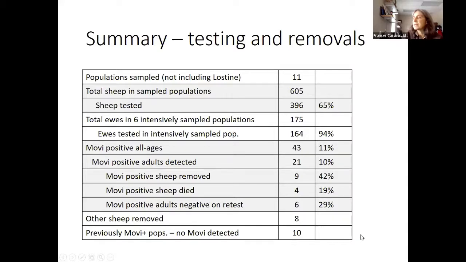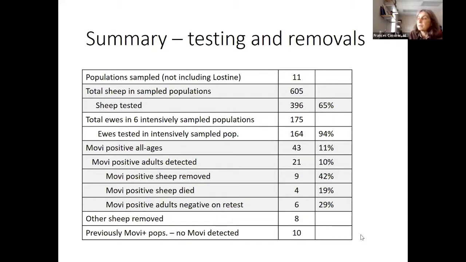In terms of the results, we found 43 MOV positive sheep for all ages of sheep, so 11% of the sheep we sampled. And of the adults that we sampled, 10% were positive. We had 21 sheep; half of those either died naturally or were negative on retest.